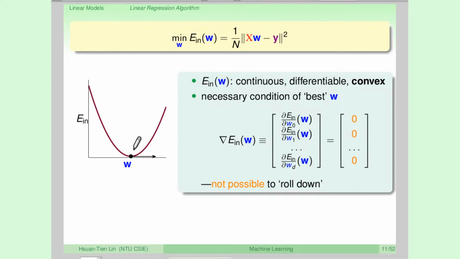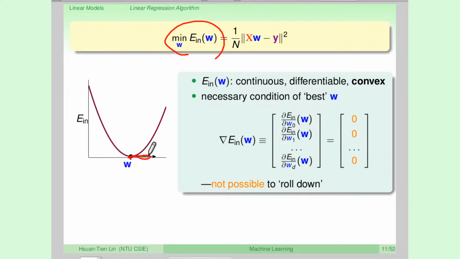But what you can see here is that the minimum point, the point we want to get because we're minimizing E_in, would satisfy some necessary condition: at the bottom of the valley, the gradient, which tells us which direction we can increase the function value, would be 0. So this is a smooth, differentiable function, and its minimum point must satisfy this.